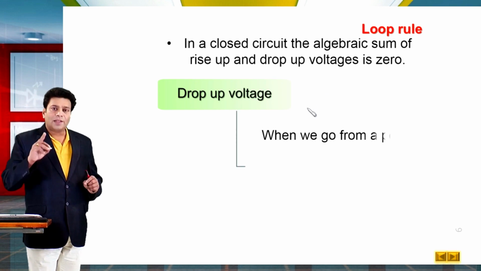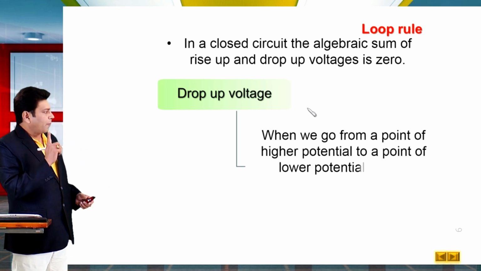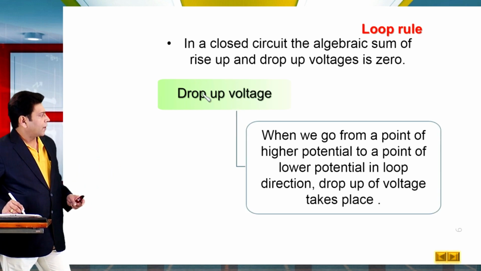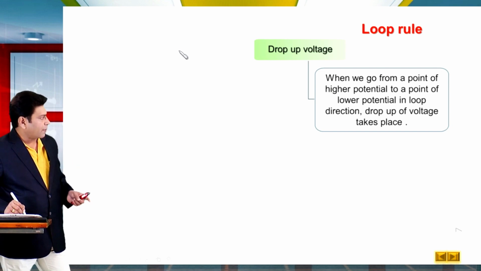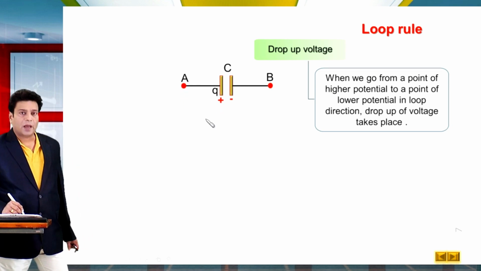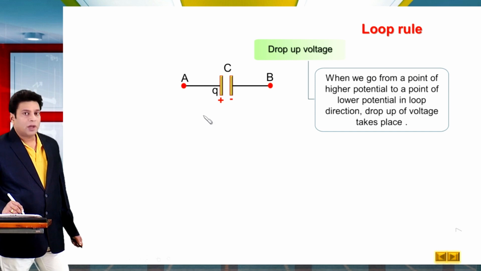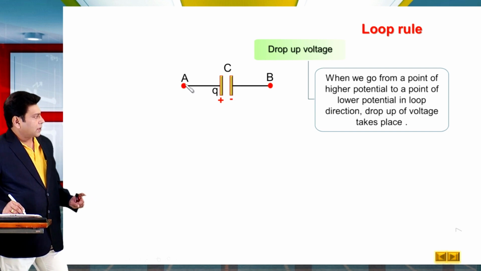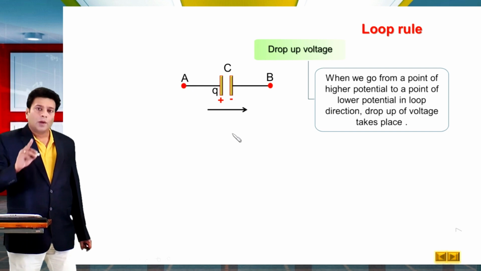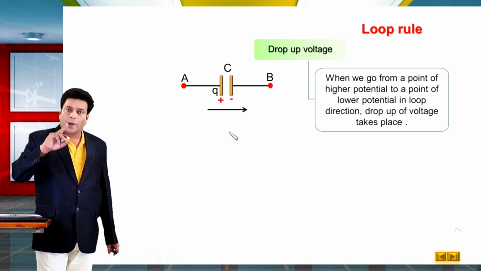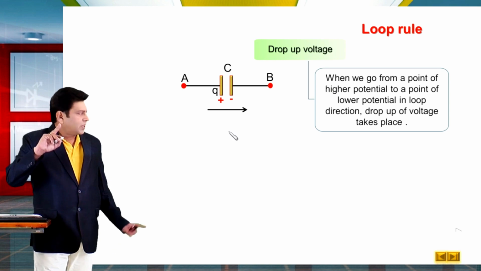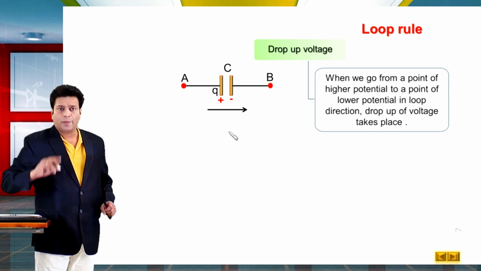Let us learn this statement through one practical situation. So let us make a part of the circuit. Let us first make a charged capacitor. This is the charged capacitor, and you can observe that the capacitance is C and the charge is Q. This is the positive plate, this is the negative plate, and these are points A and B. While moving from A to B, we are moving from the positively charged plate of this capacitor to the negatively charged plate.